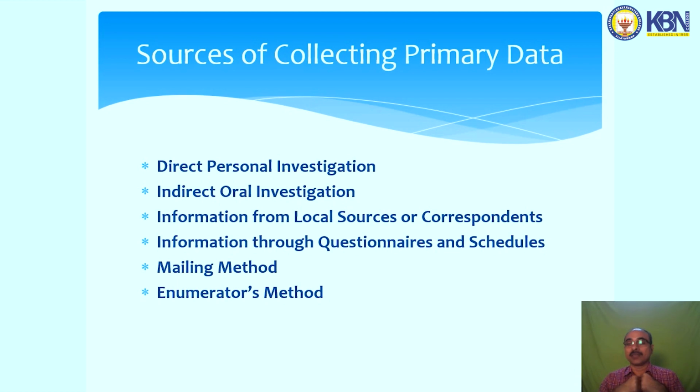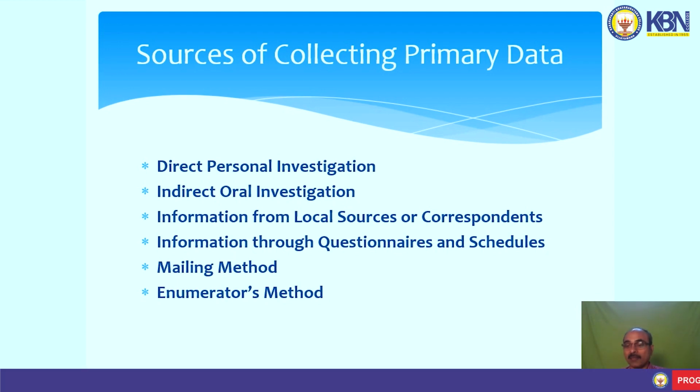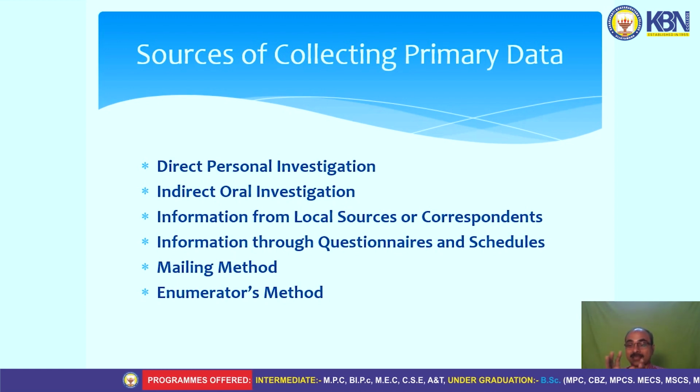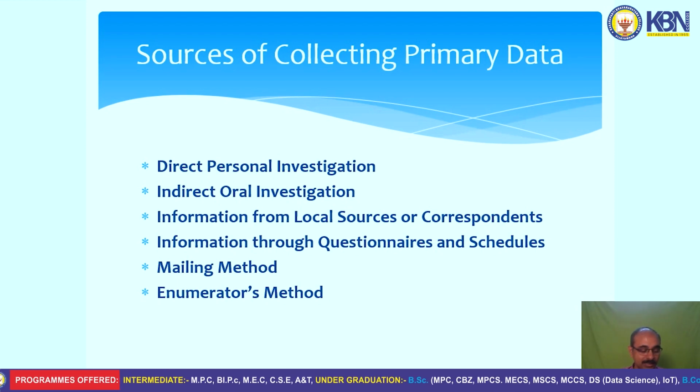For example, if we want to conduct a survey regarding our local MLA, the MLA is another person, but we interact with the constituency members and ask about him indirectly. We will not directly ask. That is called indirect oral investigation.